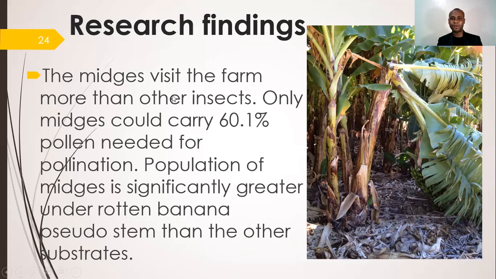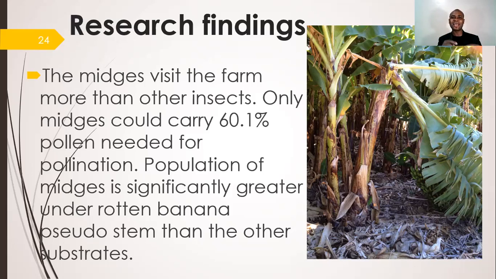So research has shown that bananas are the most friendly media for the multiplication of midges on cacao farms. Okay, so if there are rotten banana stems or rotten banana debris on the farm, the midges are able to reproduce faster.